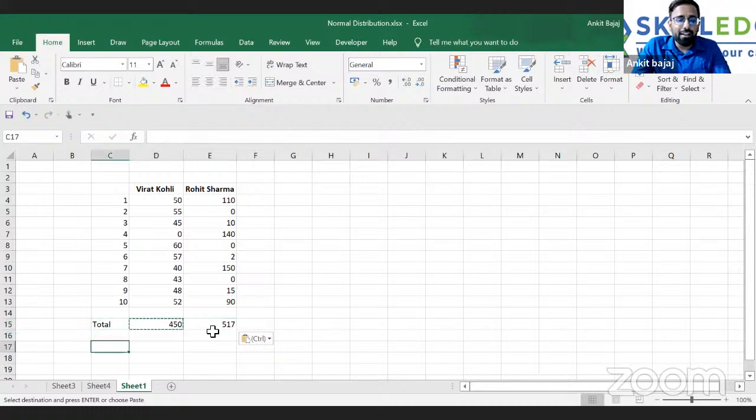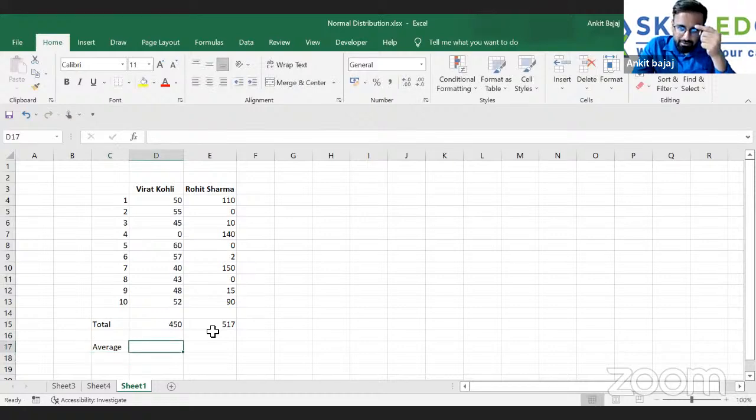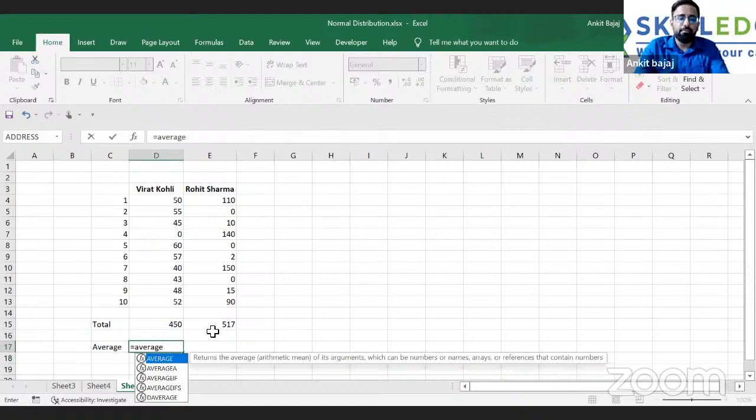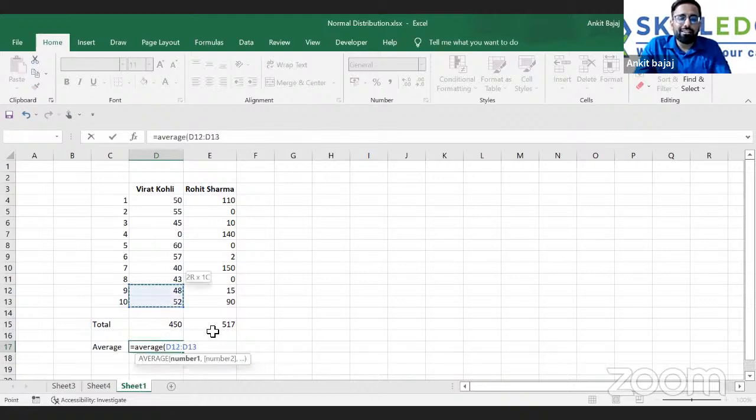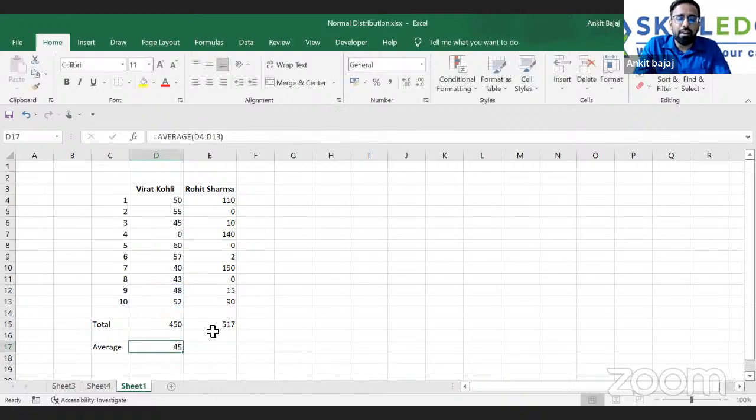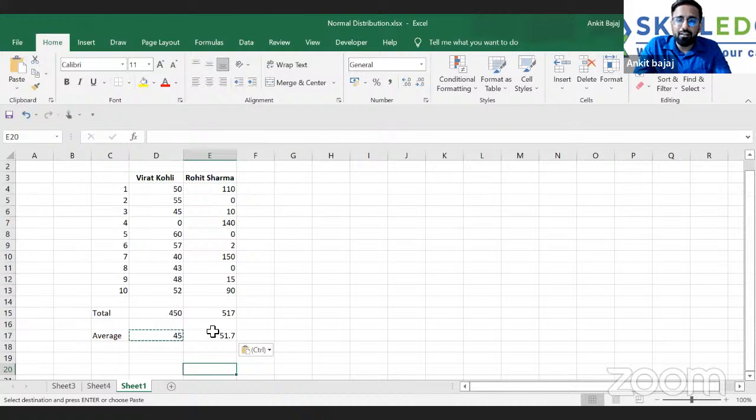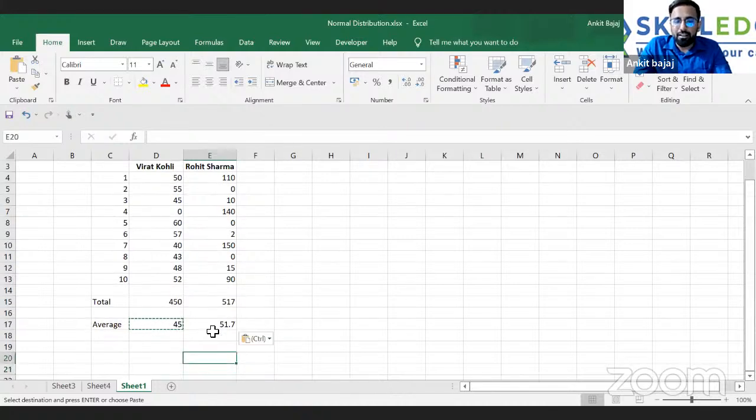If I calculate the average here, average means I take the sum of all 10 matches and divide it by 10, so I will get the average, right? So here I will be applying the formula of average. If I select all the numbers here, the average score of Virat Kohli is 45, and the average score of Rohit Sharma is 51.7, right? On average, the score of Rohit Sharma is higher, right?